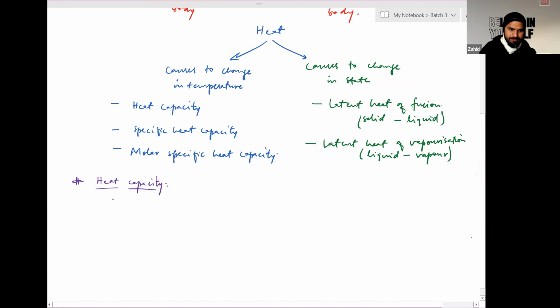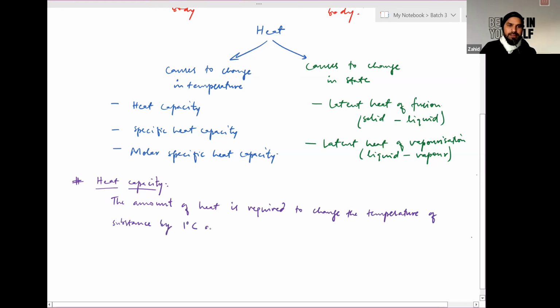So heat capacity is the amount of heat required to change the temperature of a substance by 1 degree Celsius or 1 Kelvin at normal atmospheric pressure.